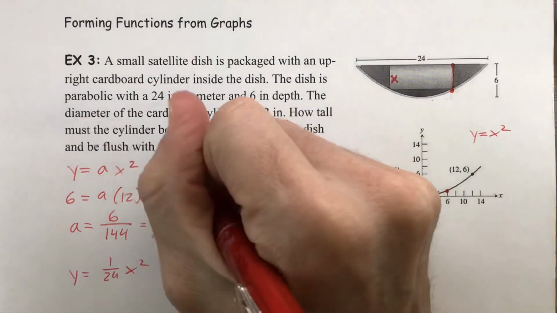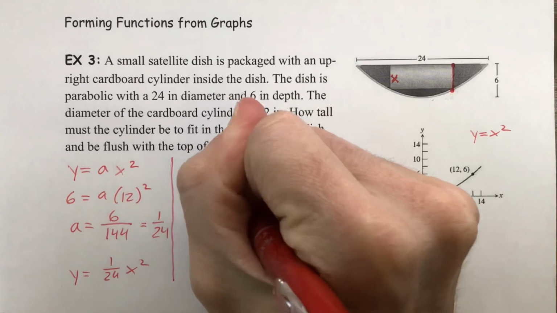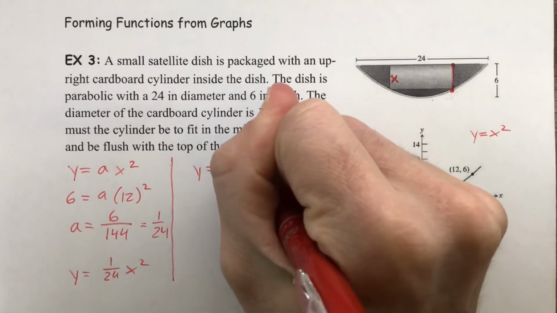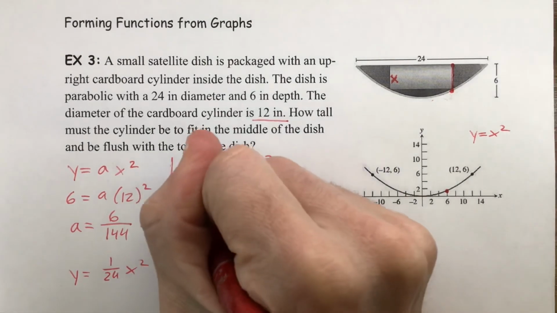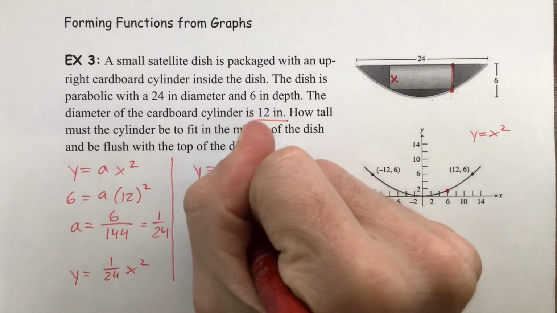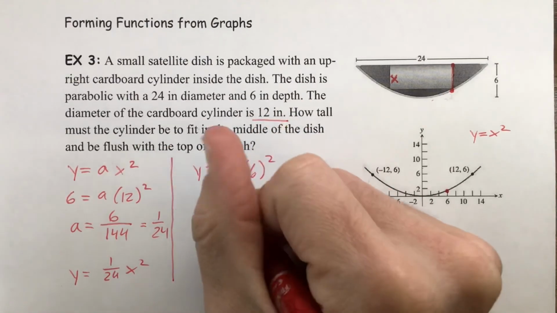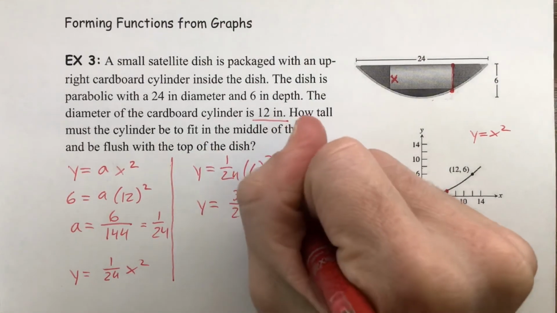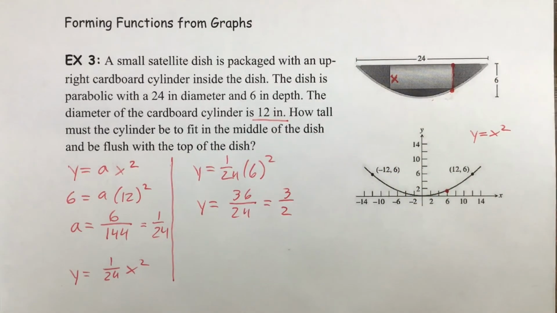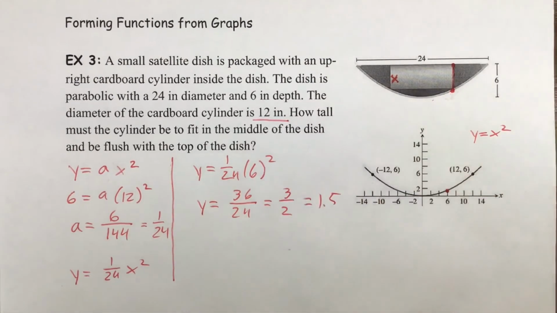All right, so let's take our function and go ahead and plug in 6 for x. That would give you 36. So we got y is equal to 36 divided by 24, which is going to reduce to 3 over 2 using factors of 12, which is the same thing as 1.5.